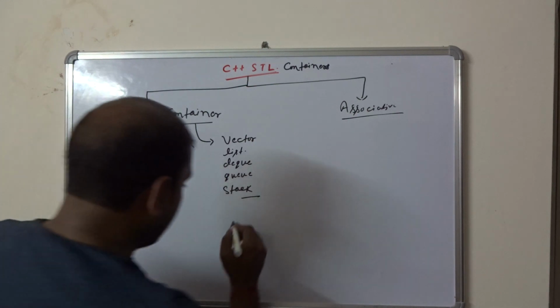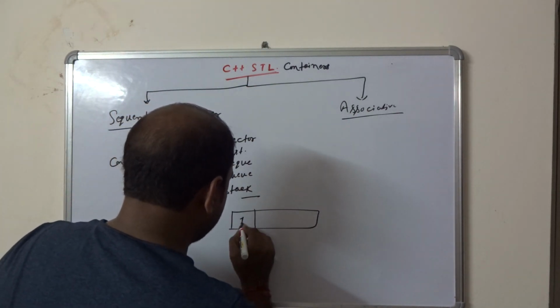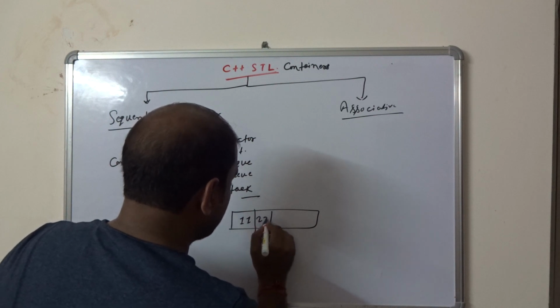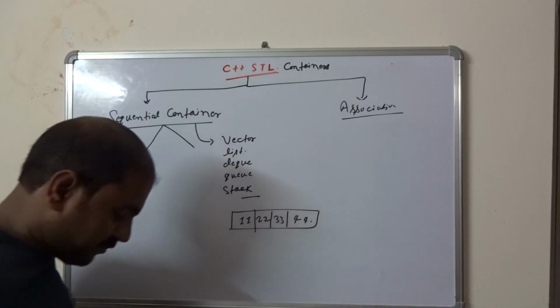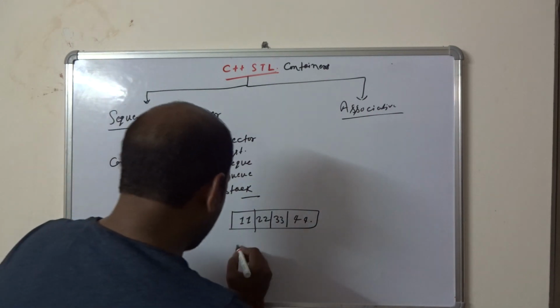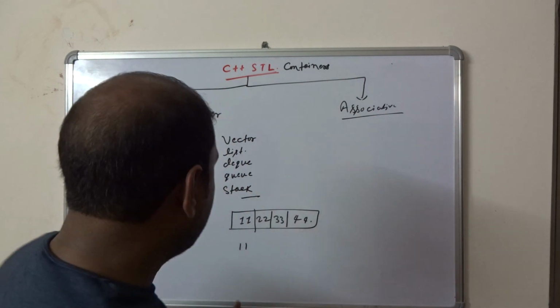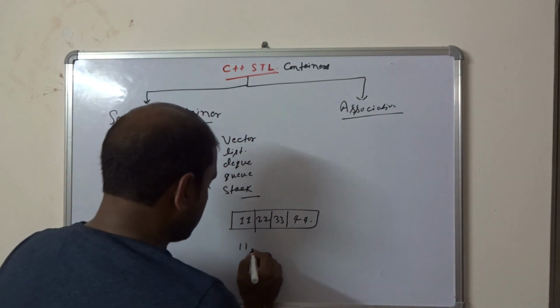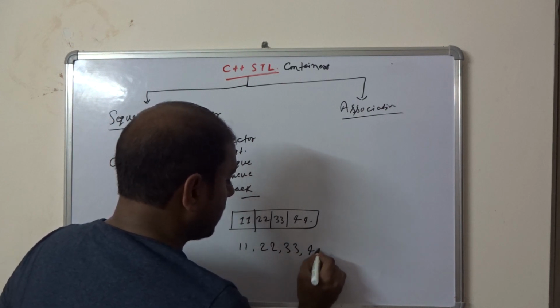If you have a vector and you have inserted the elements 11, 22, 33, 44, and if you print this vector, then the output will be in the same order in which you inserted the data into the vector. So the output will be 11, 22, 33 and 44.